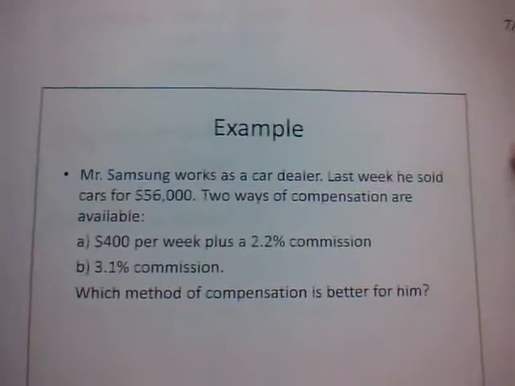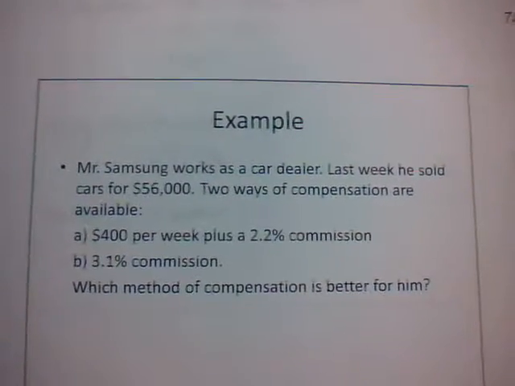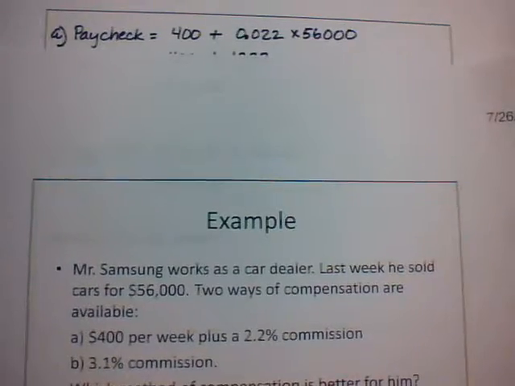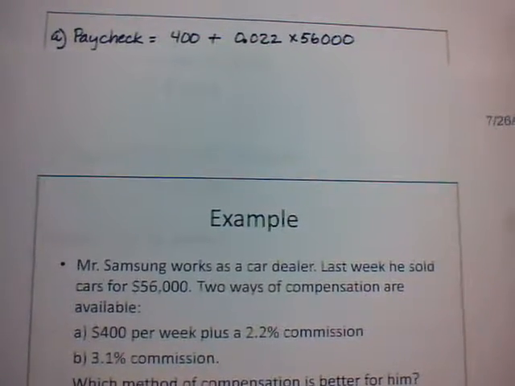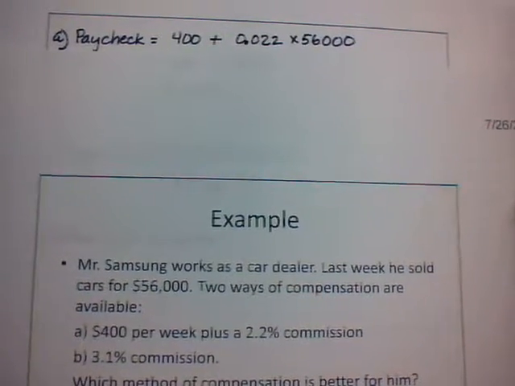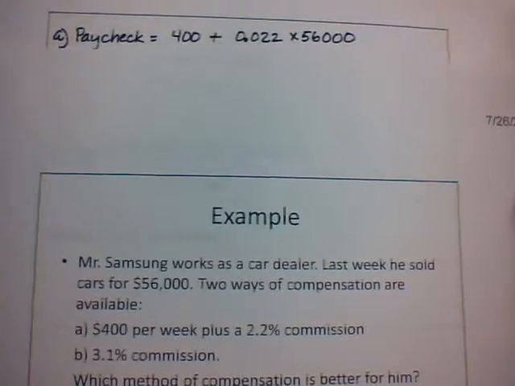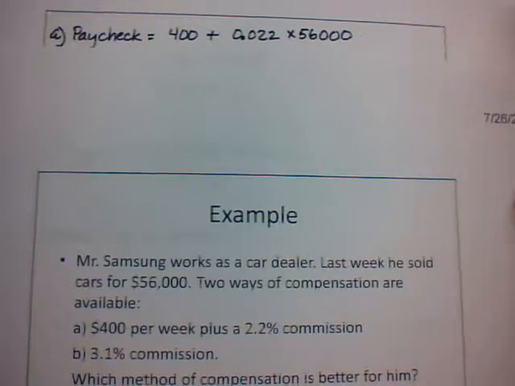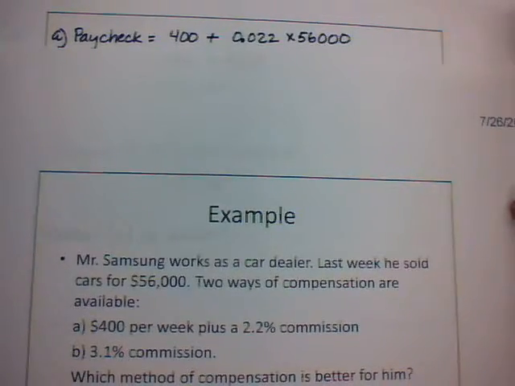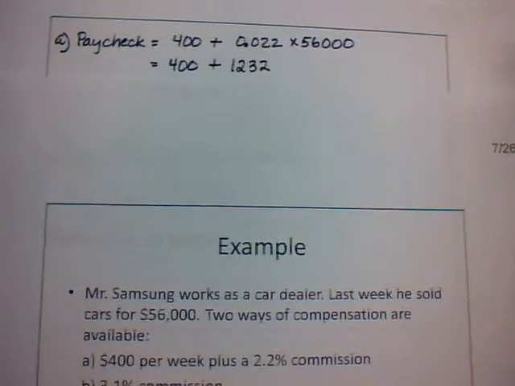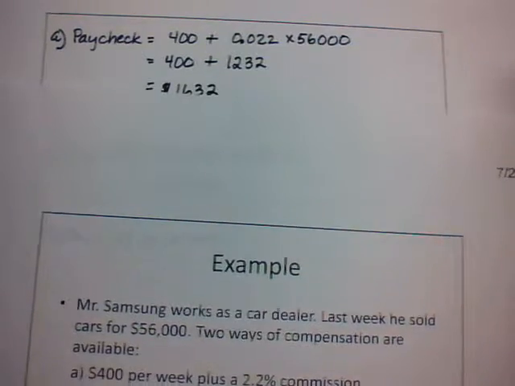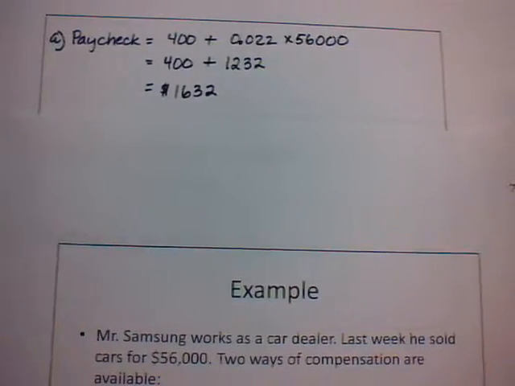All right, now let's take a look at the first one, the $400 per week plus a 2.2% commission. Okay, $400 plus 2.2% would be 0.022 times the sales of $56,000. We'll do the multiplication first. 0.022 times 56,000 will be $1,232. Add that to the $400, he'll get $1,632.